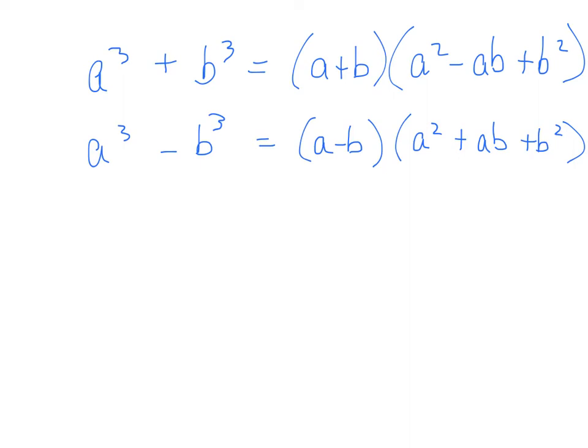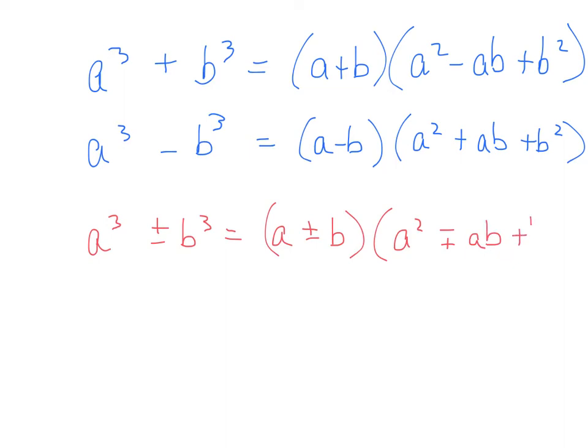Okay? So we don't have to worry about memorizing both of them. We write it as one equation mathematically like this. What this tells me is the following, and this is really confusing for some students to pick up on, so just watch what I'm pointing to. When I have a cubed plus, see the plus is on the top here of this plus or minus?